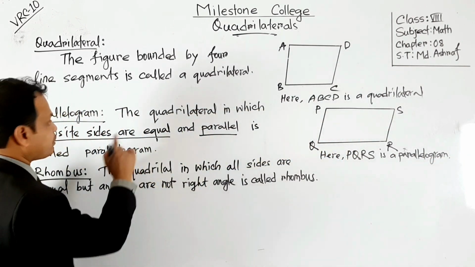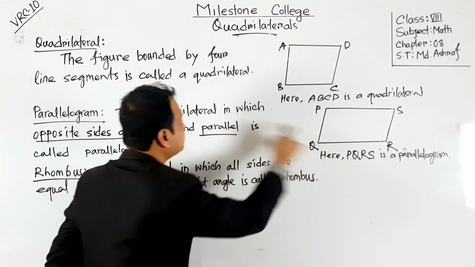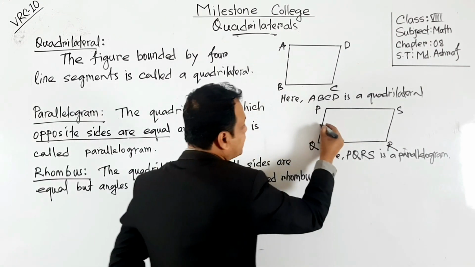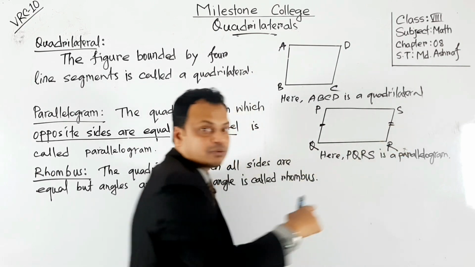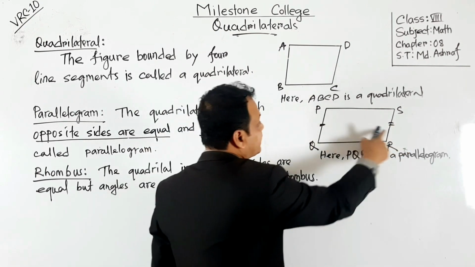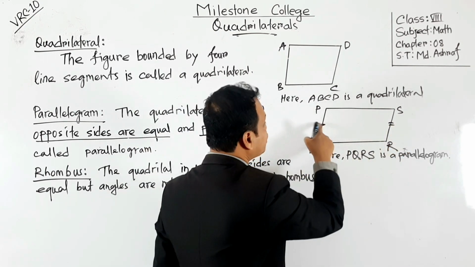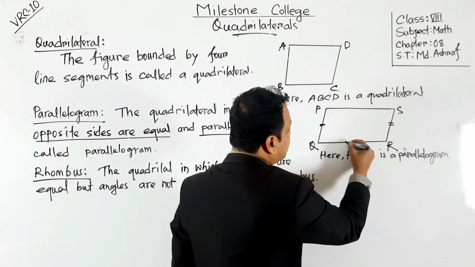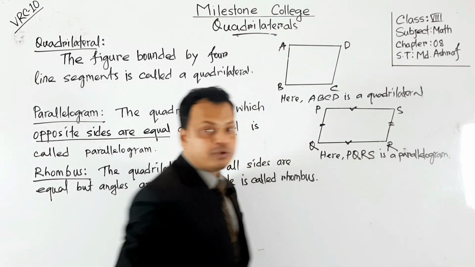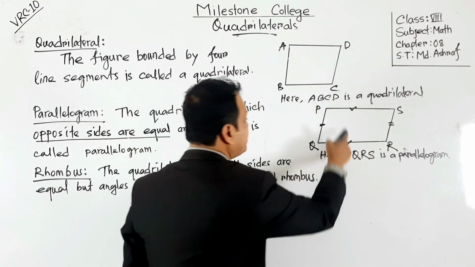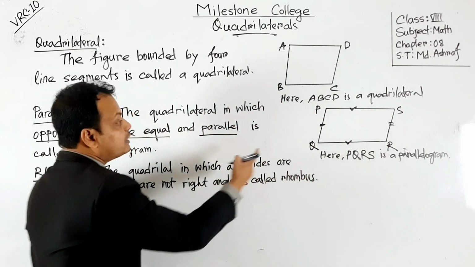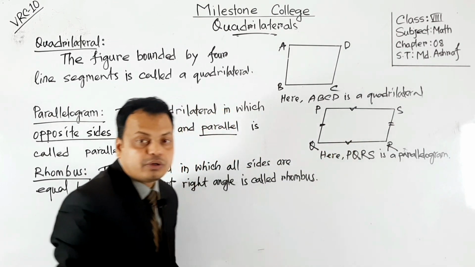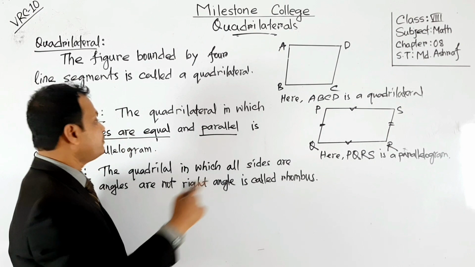I just want to tell it is a quadrilateral in which opposite sides are equal. So, PQ and RS will be equal. We have taken both lengths as 5 centimeter and QR and PS we have taken 10 centimeter. So, this one will be equal. When opposite sides are equal and parallel, then this quadrilateral will be a parallelogram. So, this is the figure of parallelogram.